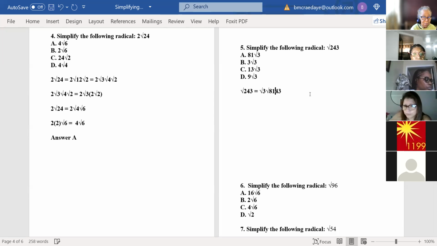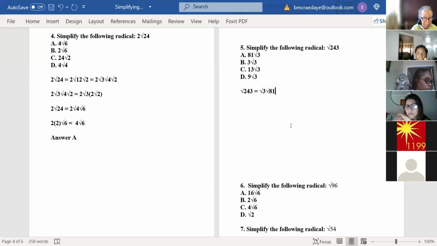So now, Chastity, the factors of square root of 243 are the square root of 3 times the square root of 81. Now, which of these has a perfect square root, Chastity? 3 is a prime number.